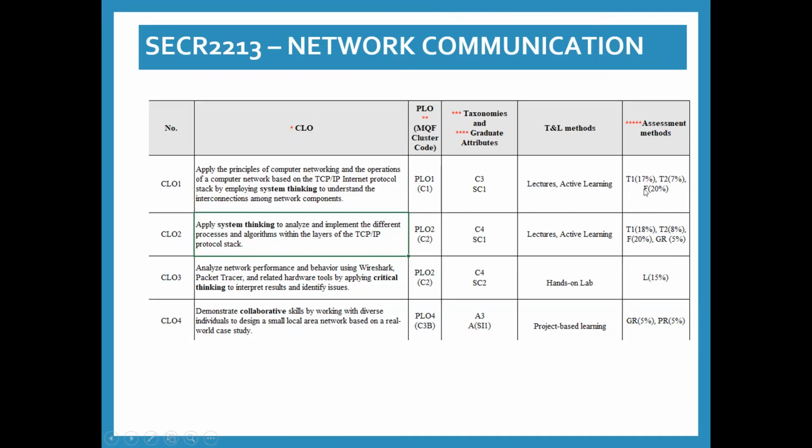For every layer that we learn, there will be a test. For example, chapter 1 is the introduction and chapter 2 is the application layer. So these 1.5 chapters will be in test 1.